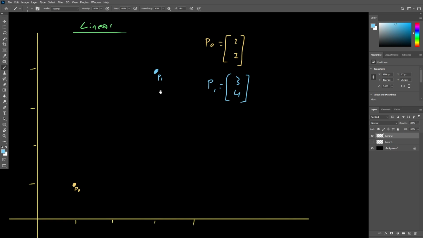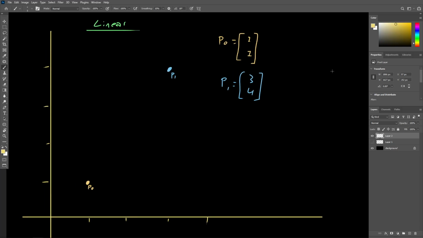That'll be P1. Now, the visual intuition for drawing Bezier curves is fairly straightforward. And again, it's going to be quite trivial for working with this linear Bezier curve.